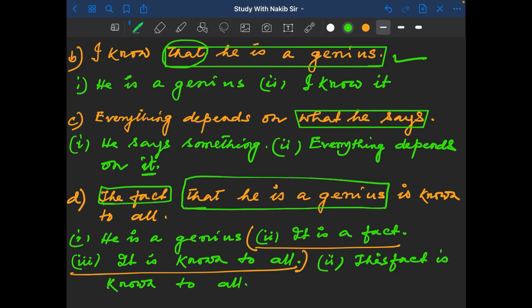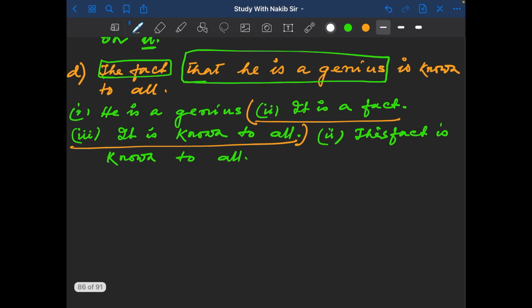So from the given sentence, the fact that he is a genius is known to all, we can get 3 sentences. See, he is a genius, number 2, it is a fact, and number 3, it is known to all. In this way, or we may get 2 sentences like this. He is a genius, number 1, and number 2, this fact is known to all.